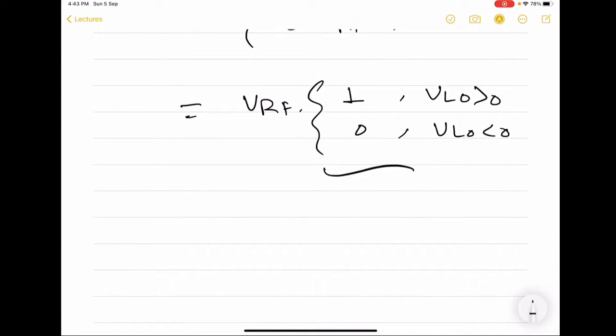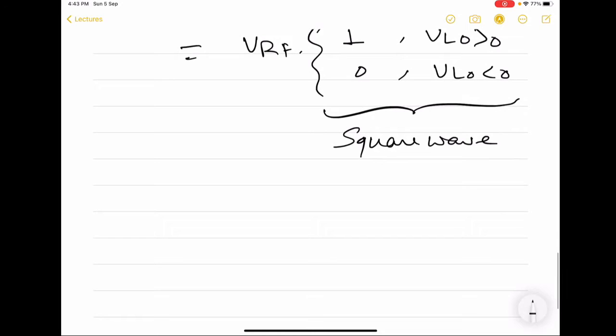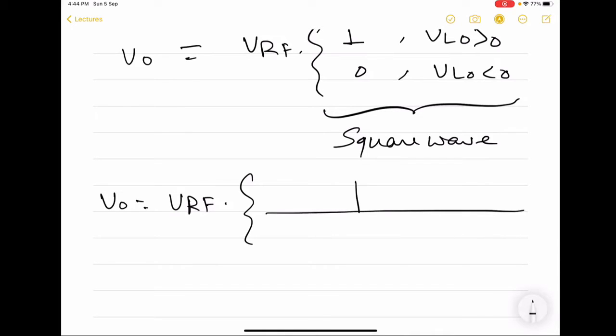Now this will repeat every cycle. So what we see is that this is nothing but a square wave. This is for one cycle, and the cycle will repeat. So the final output is basically equivalent to VRF into a square wave, say like this.